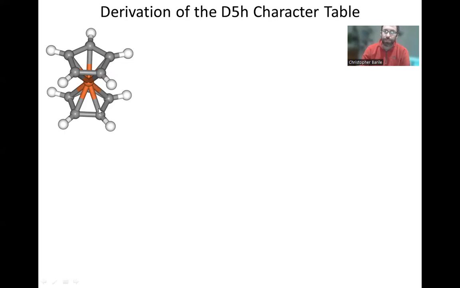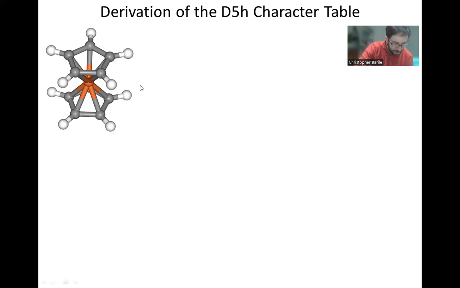That would also have D5h symmetry if the hydrogens on each of these ligands are eclipsed. Okay, so these two pentagons are stacked on top of one another and exactly overlaid.